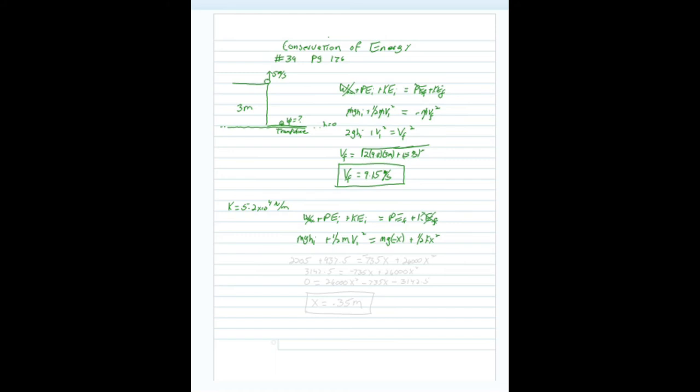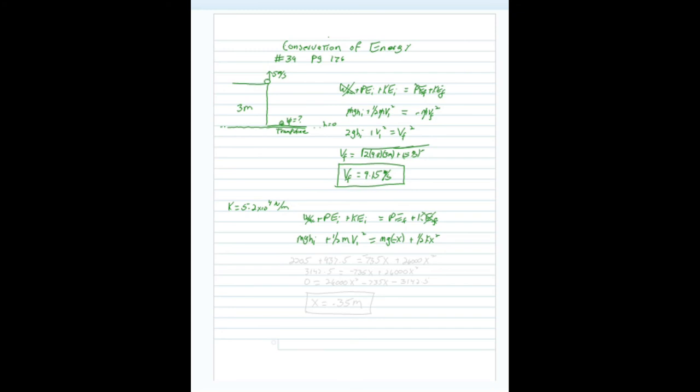The mg times negative x is his gravitational potential energy. Since he's lower than the surface of the trampoline by the distance x that he compressed it, his gravitational potential energy is negative mgx. And the 1/2 kx squared is the spring potential energy, assuming that x is the amount that he compressed it. Okay, so I can solve this.